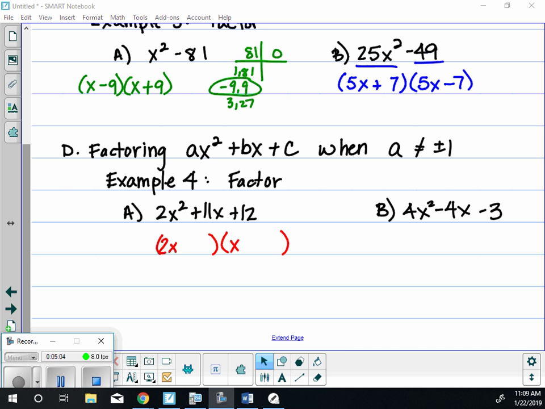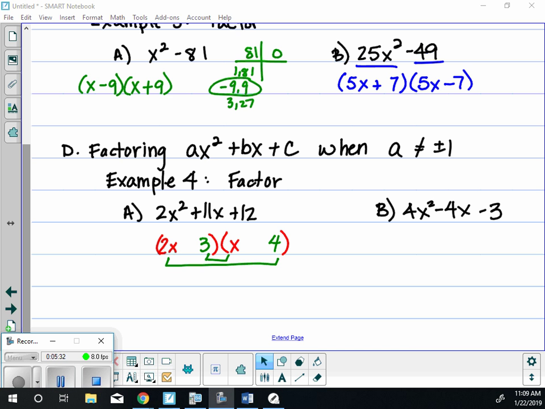But what gets complicated is, remember, we would have to FOIL this back out and get back to where we were. So one of these numbers, when we are adding these back together, is going to get multiplied by 2. Okay, so I've done this enough times that I can figure out that this should be a 4 and this should be a 3.